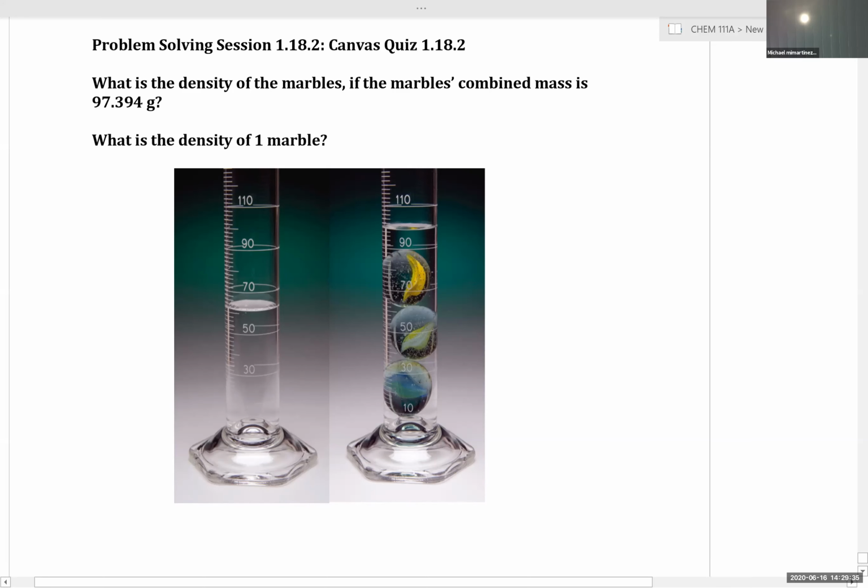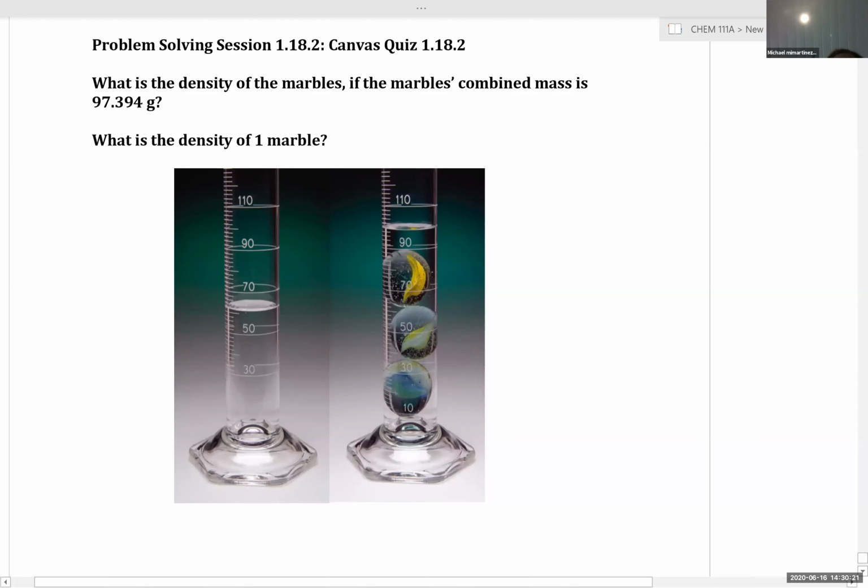Let's try to get a few more responses via Canvas and in the chat, and we'll discuss momentarily. So we see a lot of reasonable responses so far.